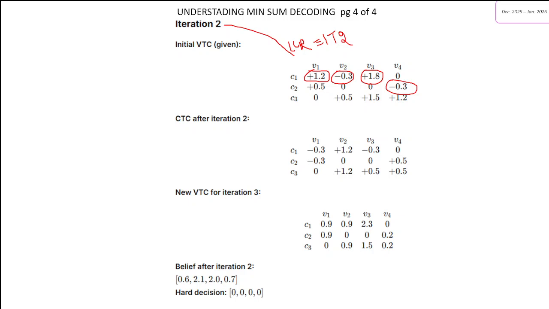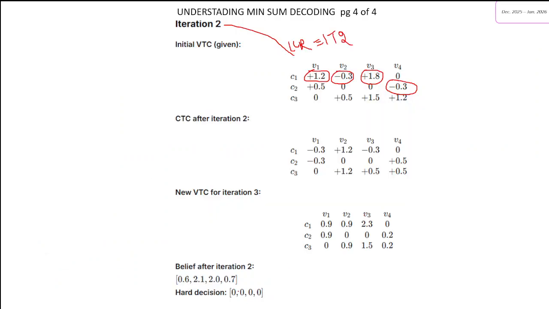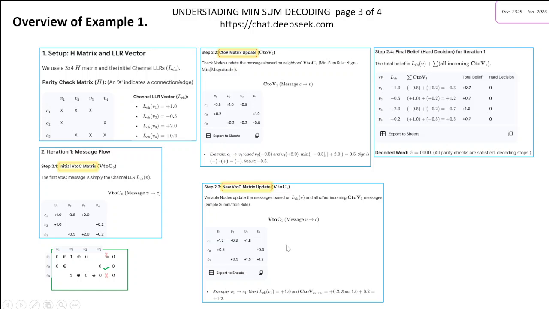So this is minus 0.6 summed with this is 0.6, which is correct. So these decoded values, these summed up values are now hard decoded, plus indicates a 0, so all of them are 0. Again the same decision is obtained in iteration 2 also, and this is how sum occurs.